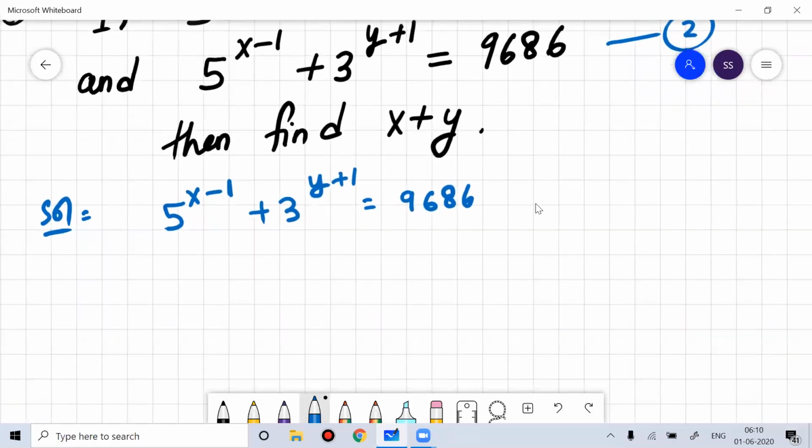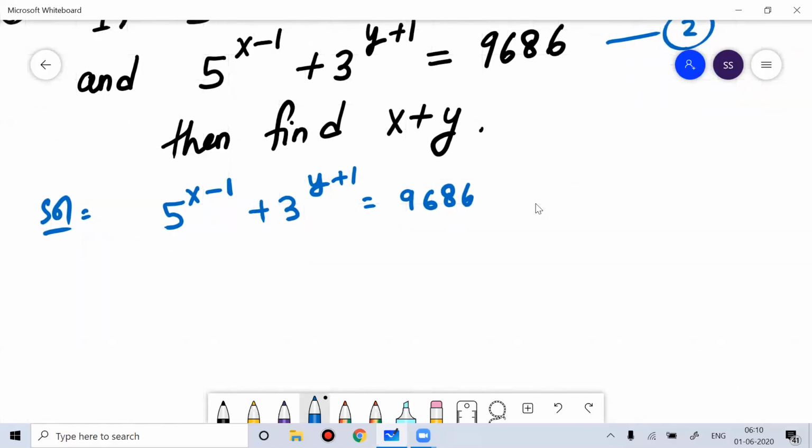I believe you have the basic understanding of indices. You know that a to the power x minus y is a to the power x divided by a to the power y. So I can write this as 5 to the power x by 5 plus 3 to the power y into 3 is equal to 9686.